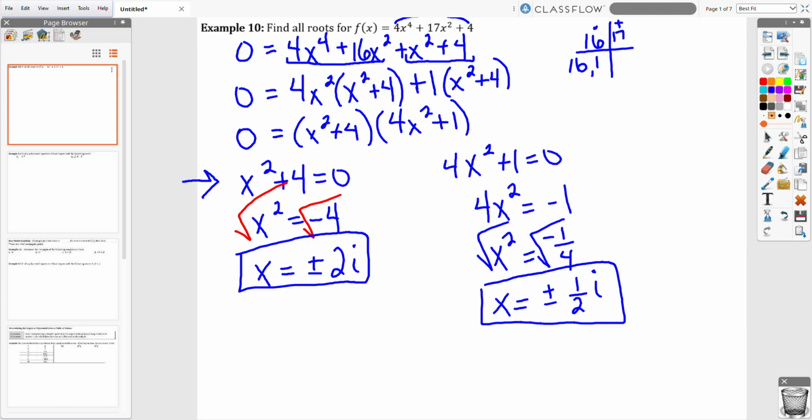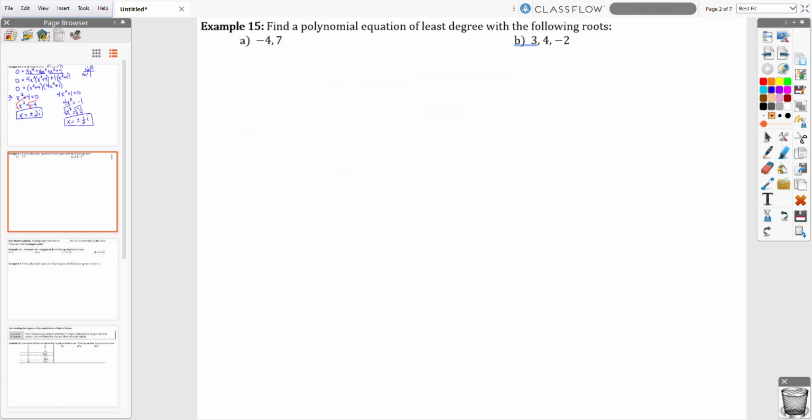So in this next question, where it says we're writing an equation and we're given the solutions, you just have to remember when you put the solution back into the parentheses, working backwards, we're going to have the opposite operation. Because if x equals -4, to get this back equal to 0, we'd have to do the opposite to add that 4 back over. So x plus 4 is the actual factor here.